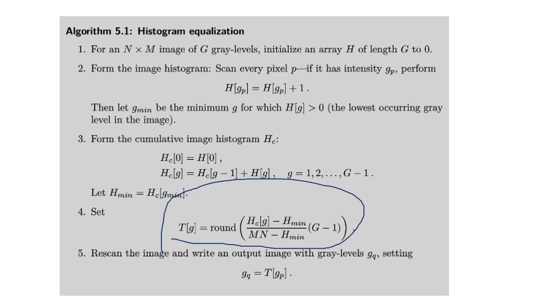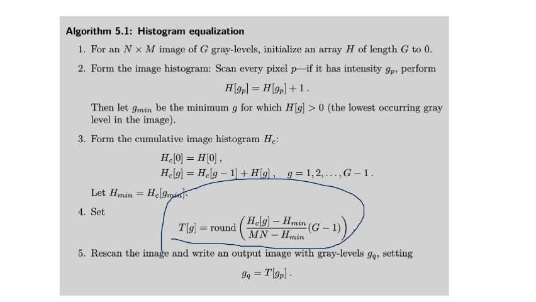Basically we take the image, scan it, find the cumulative image histogram, then take the minimum of that. So h min is equal to hc of g min, and set this value. Once you set this threshold value t, I round off based on this equation.